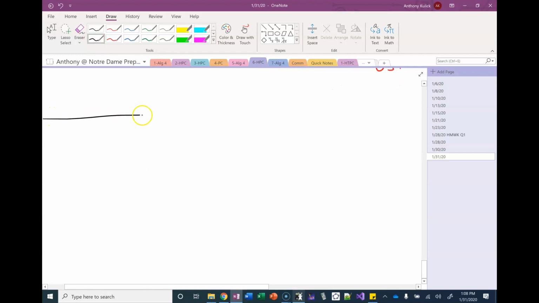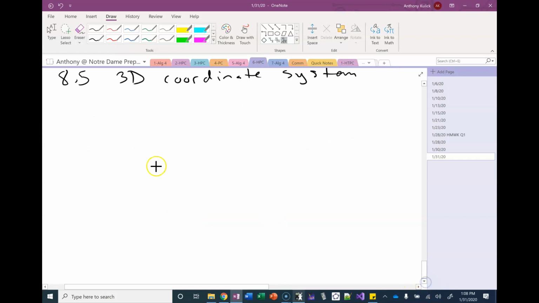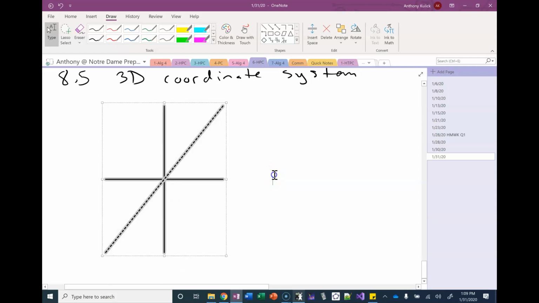What I'm going to start talking about now today is three-dimensional vectors. So the three-dimensional coordinate system has three axes.